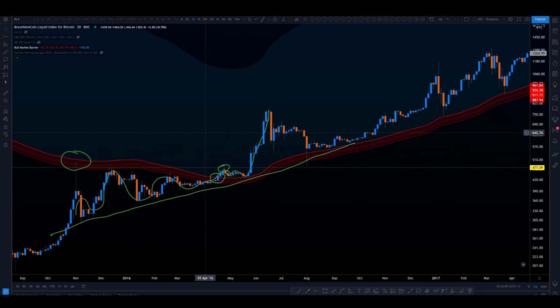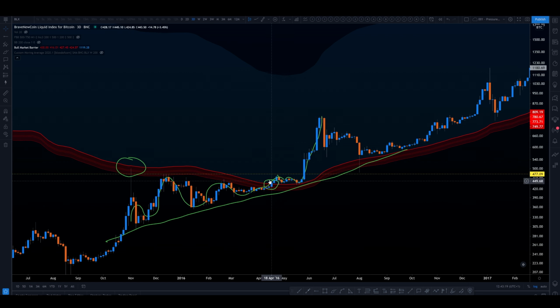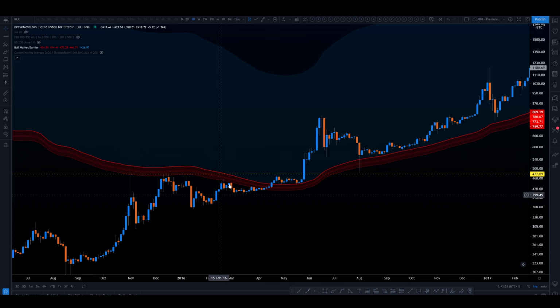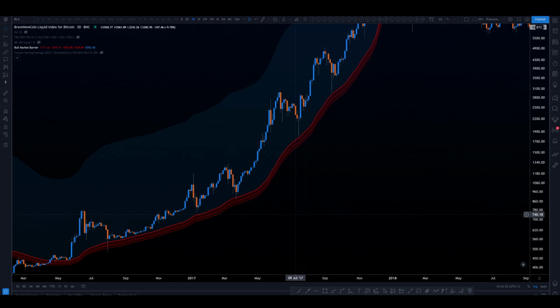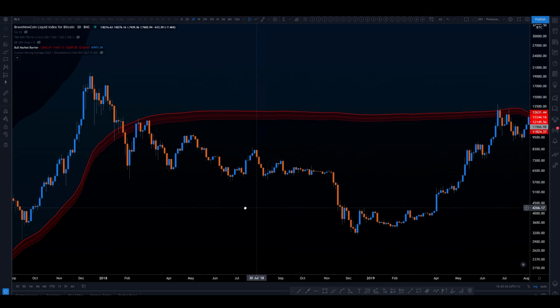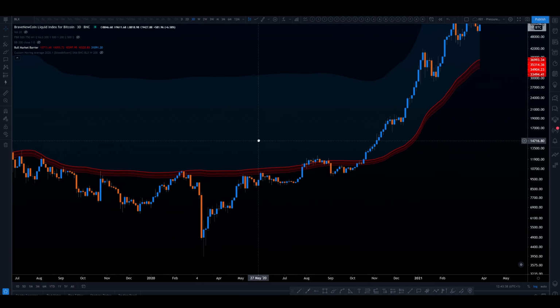This is something that happens very often because you don't always have just one resistance entity or one support entity. You have multiples of them, and you can stack them on top of each other and see that price is moving between those zones. It's breaking out from the first pressure zone, entering a second one before fully breaking out.